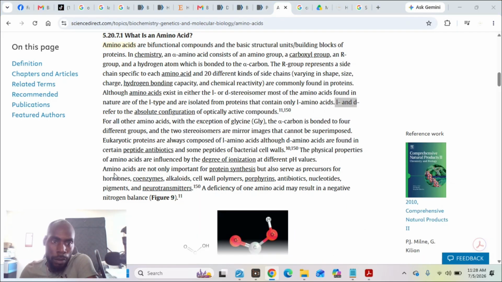Amino acids are not only important for protein synthesis, but also serve as precursors for hormones, coenzymes, alkaloids, cell wall polymers, porphyrins, antibiotics, nucleotides, pigments, and neurotransmitters. A deficiency of one amino acid may result in a negative nitrogen balance.